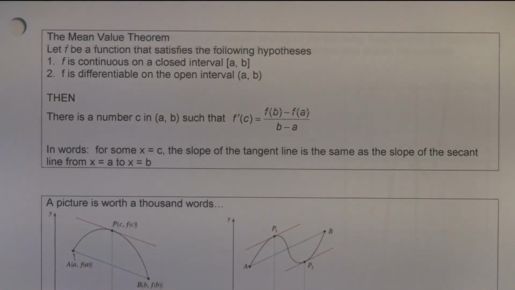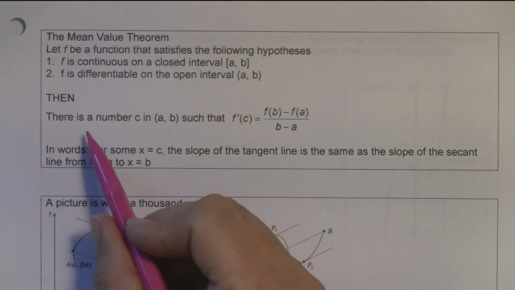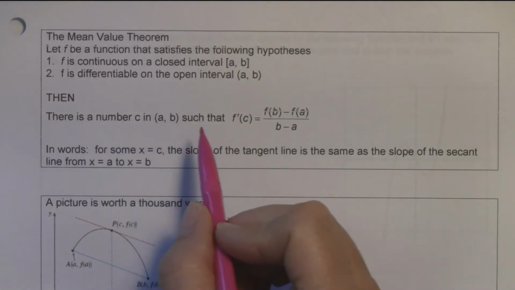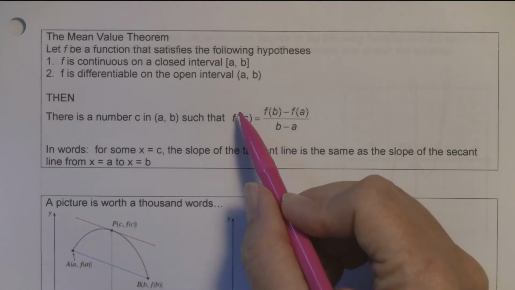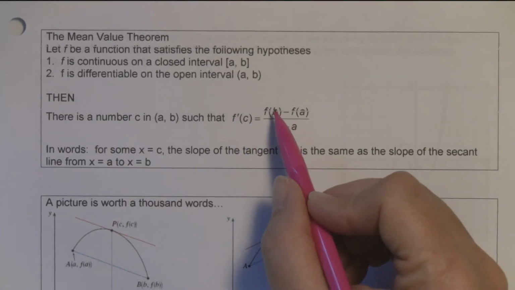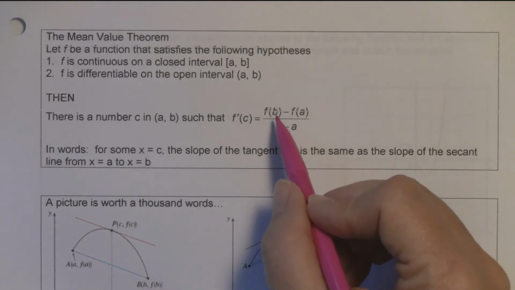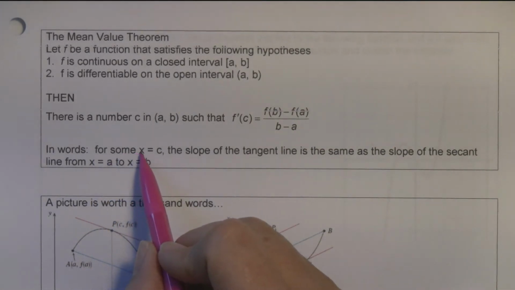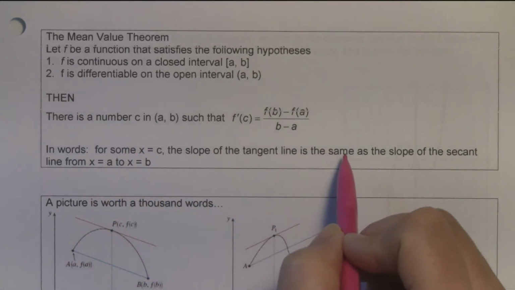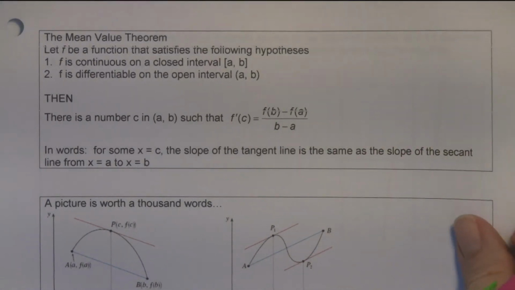So if these two things are true, then this is true: there is a number c in a to b such that the slope of the tangent line, because that's the derivative, equals, and over here, I don't know if you guys recognize what that is, but that's the slope of the secant line. So in words, for some x equals c, the slope of the tangent line is the same as the slope of the secant line.